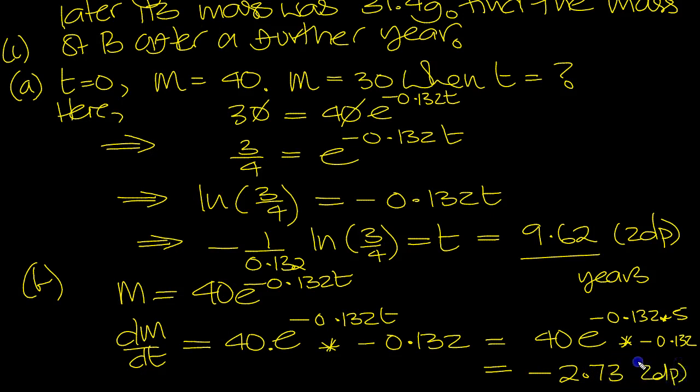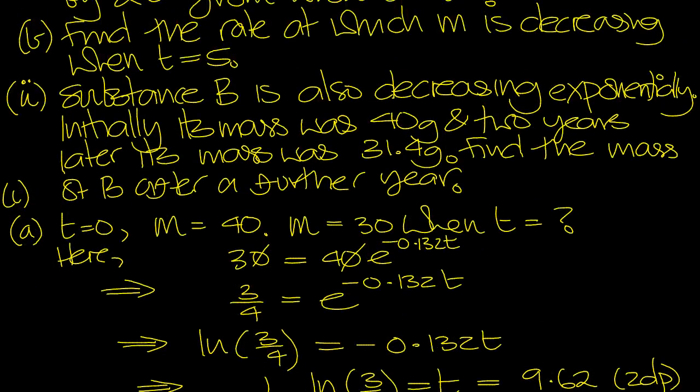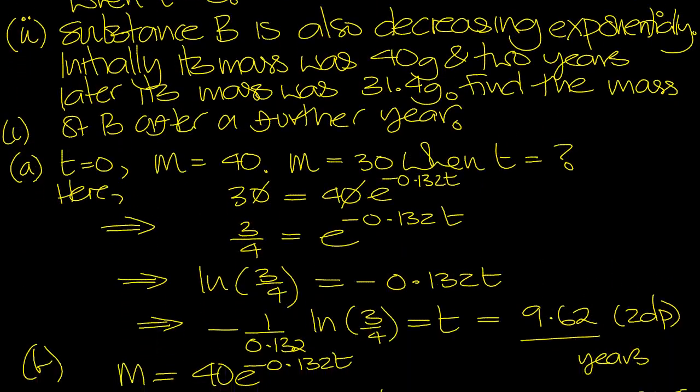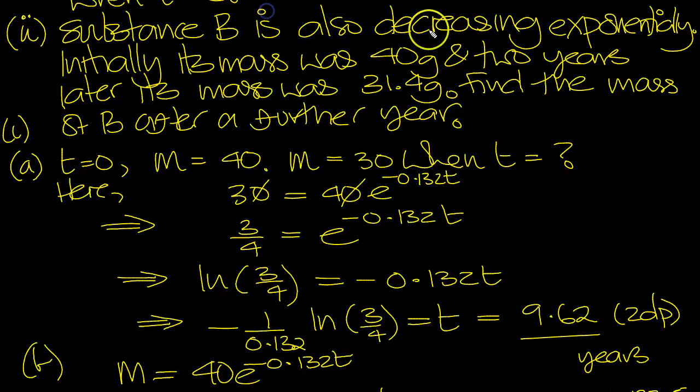That was the 2dp. Okay, that was dm/dt when t was 5. That's part B.